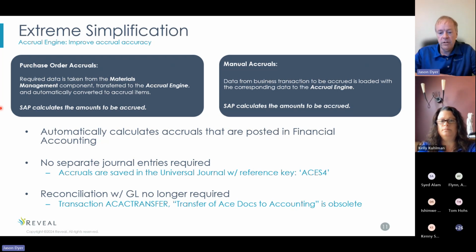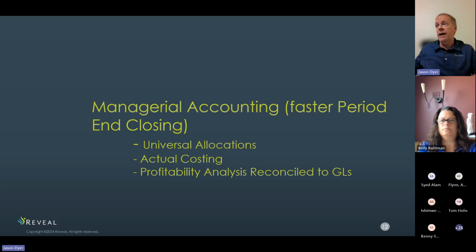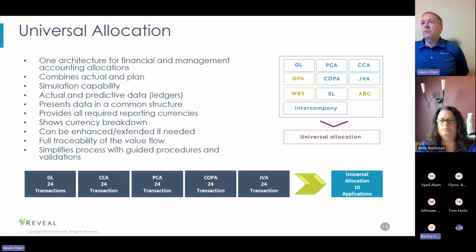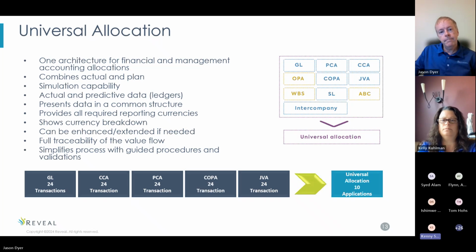So I want to go into our next topic, and that is some of the innovations in the managerial accounting space. And I want to start with universal allocations, which also is pretty exciting. So from a Reveal point of view, the message I want to give to the audience is, from extreme simplification, which is Reveal's focus in financial accounting, we improve your processes.